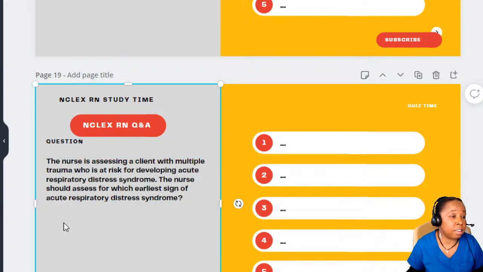The nurse is assessing a client with multiple trauma who is at risk for developing acute respiratory distress syndrome, which is ARDS. The nurse should assess for which earlier sign of acute respiratory distress?